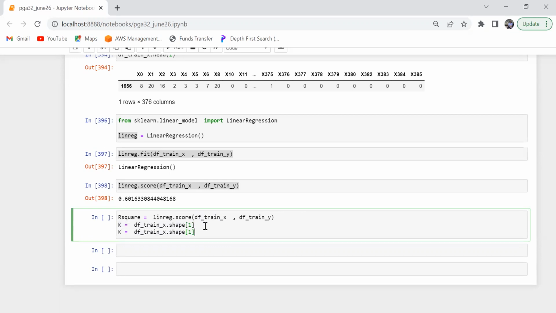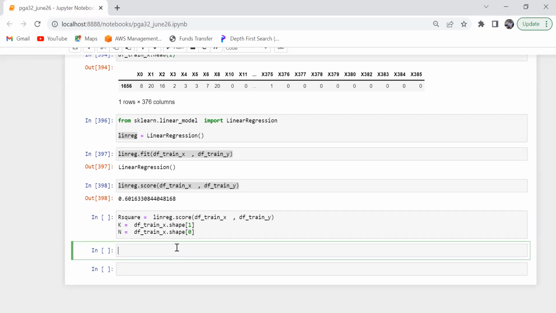Then what I'll do, I'll say adjusted R square is equal to 1 minus (1 minus R square) into n minus 1 divided by n minus k minus 1.